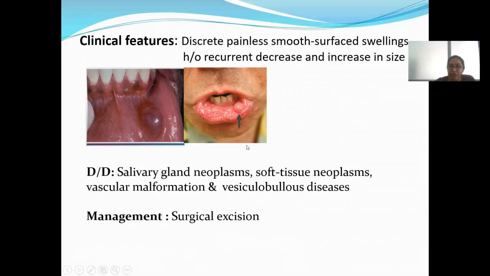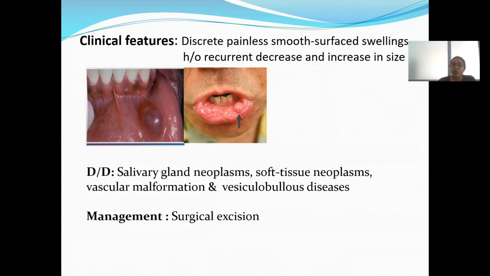So whenever you're considering a mucocele, do a thorough examination, identify the lesion, make sure the lesion is filled with fluid, and take a proper history so that you will not misdiagnose a mucocele with any of the following differential diagnoses. It can be a salivary gland neoplasm, a soft tissue neoplasm, vascular malformations, or even vesiculobullous diseases. So you have to consider these differential diagnoses before you come to a conclusion.